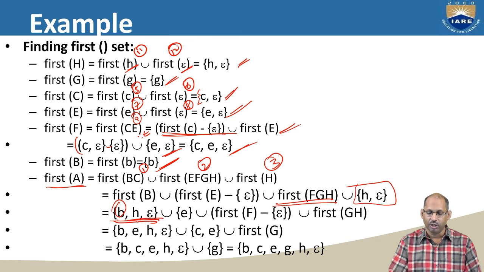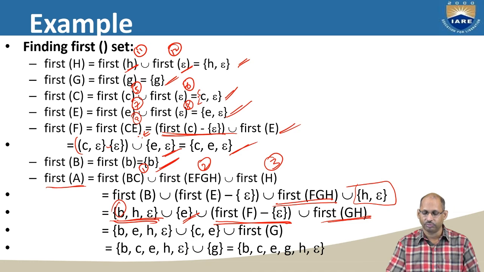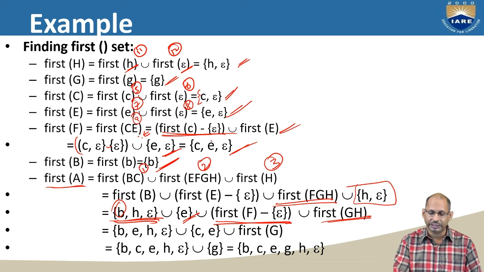For E, minus epsilon is removed. Since first of F again has epsilon, first of F minus epsilon union with first of GH. So here we consider first of CE. First of G is G only.